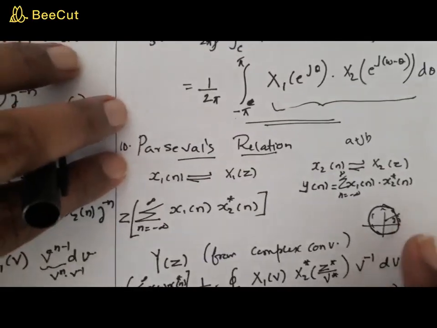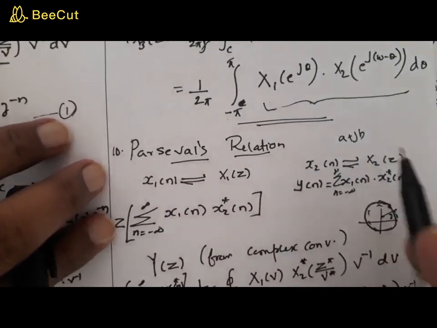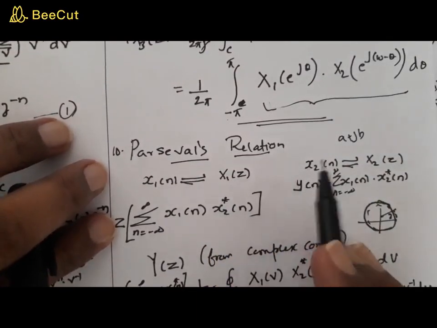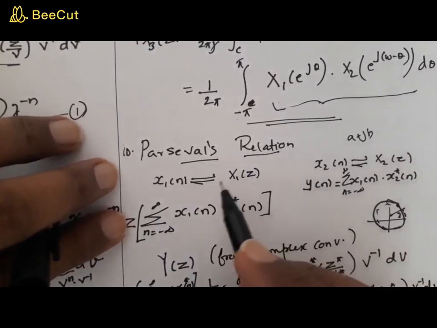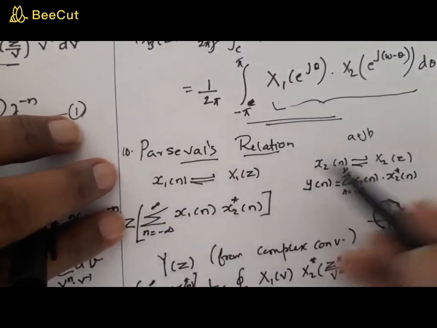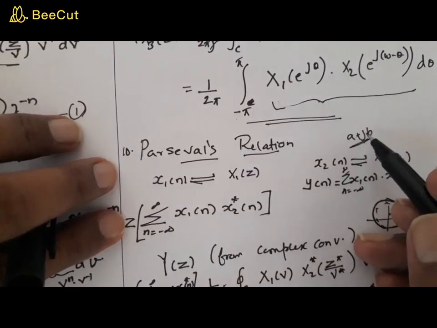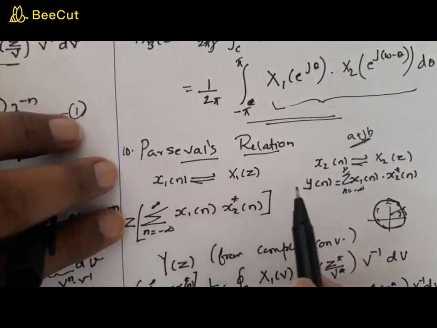The next one is Parseval's relation. Under Parseval's relation, again you consider two signals, x1 of n and x2 of n, whose z transforms are x1 of z and x2 of z. Now the difference here is that x1 of n and x2 of n are considered to be complex signals of the form a plus jb, so there must be the conjugates of these as well.